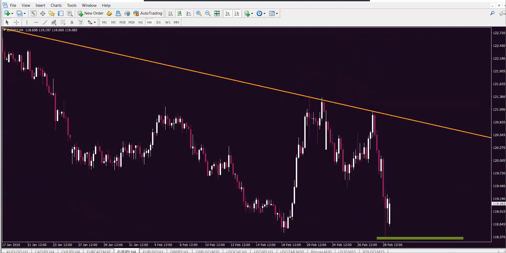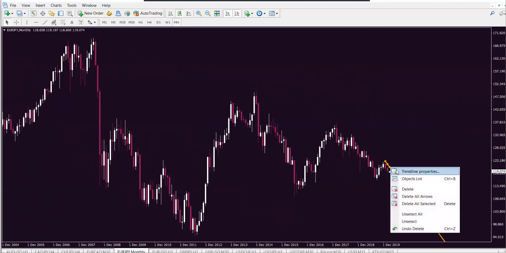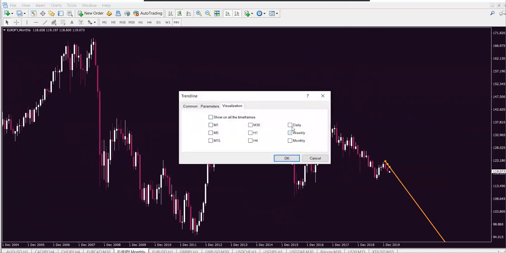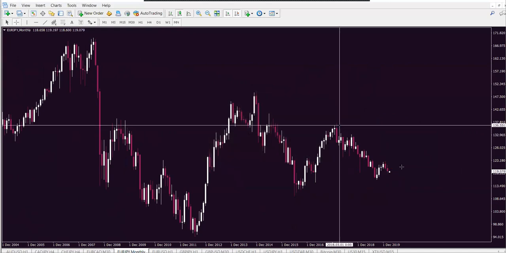Euro JPY. Again, let's begin from the monthly. Price on the decline, clear bearish trend.